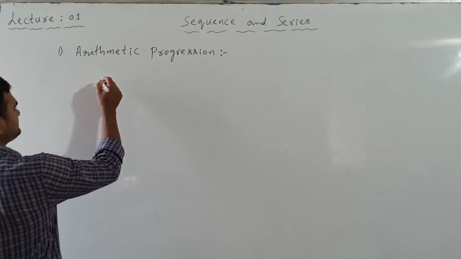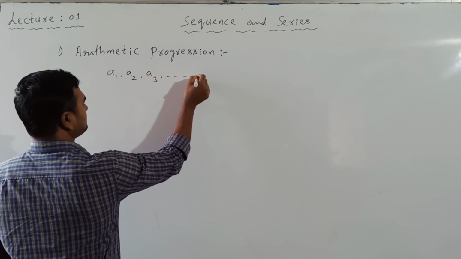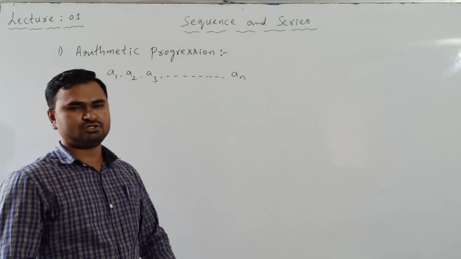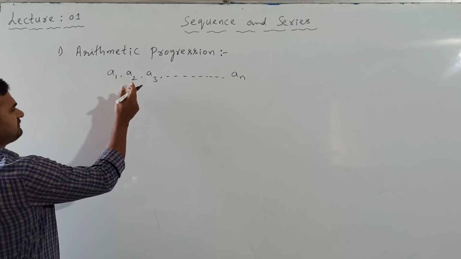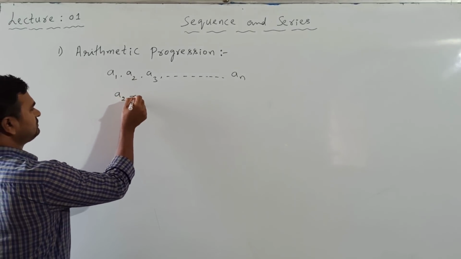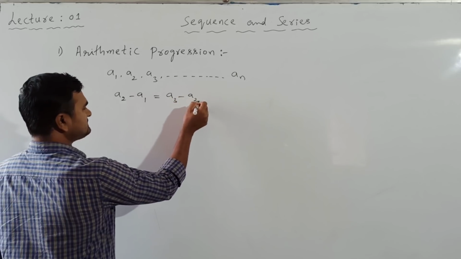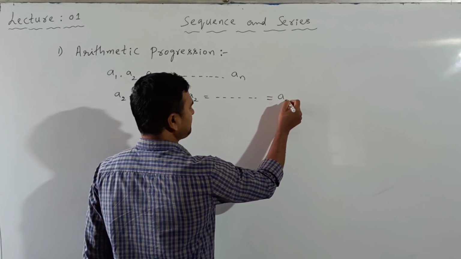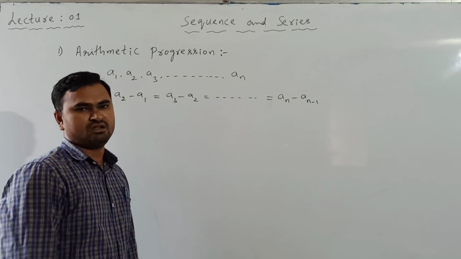Suppose we take a sequence like this, A1, A2, A3, and so on up to An. This sequence of terms is said to be in arithmetic progression if the difference between any term and its preceding term, that is A2 minus A1, is the same as A3 minus A2, and so on up to An minus its previous term, that is An minus 1.